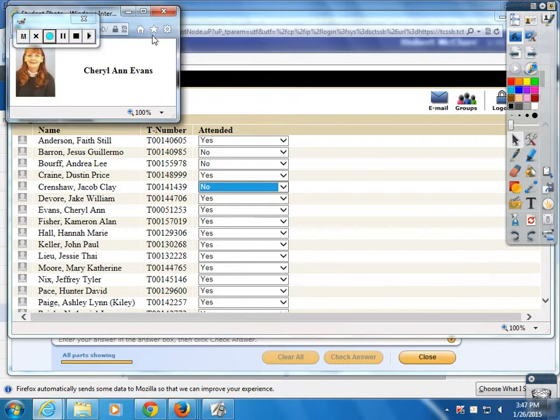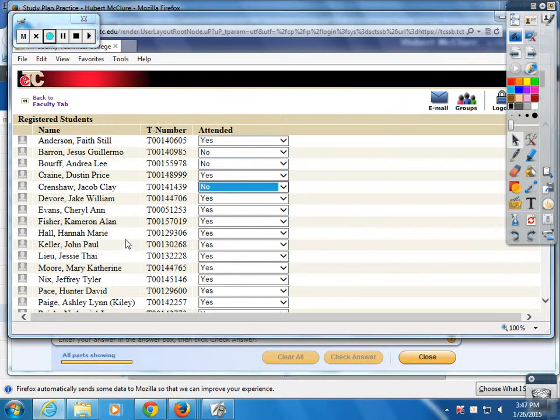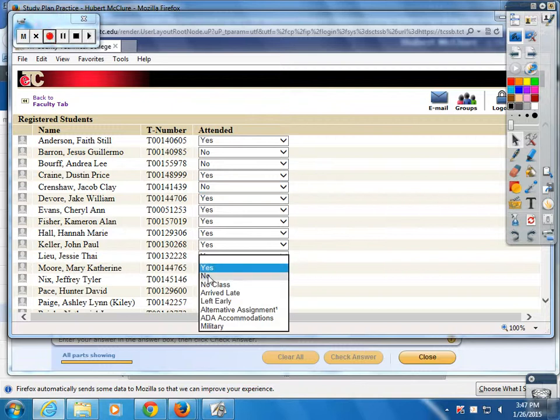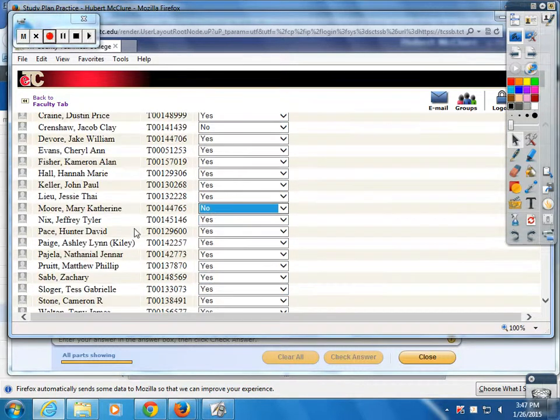Evans is here. Fisher. Hall. Keller is here. Lou is here. Moore. Nix. Pace is here. Payella.